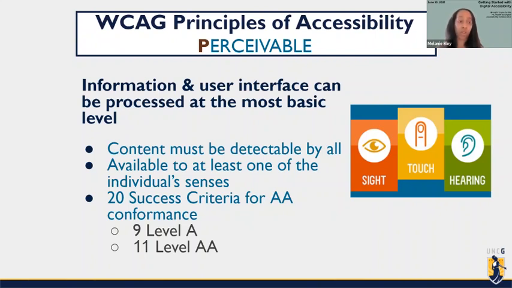11 at the AA level. Most frequently, the area that comes up would be vision and hearing. A lot of the success criteria within the perceivable principle focus on those types of issues that relate to sight and hearing, touch as well.